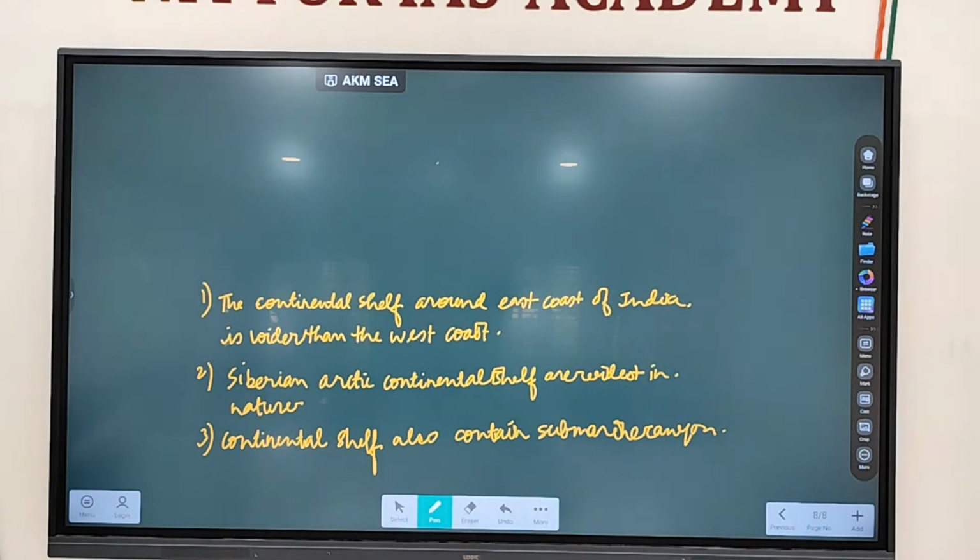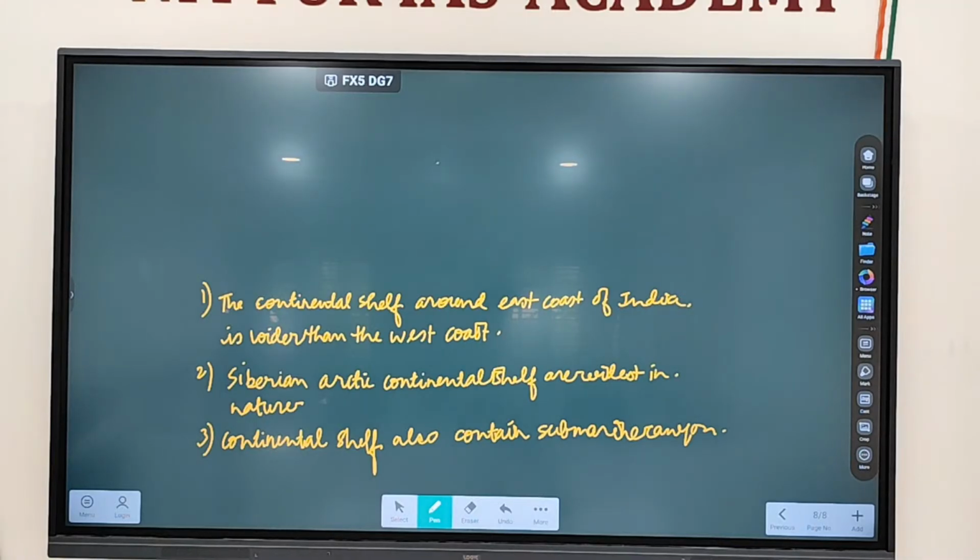Third one is also correct. Fine. Anyone else? First and second. Third is wrong. Okay. Fine.